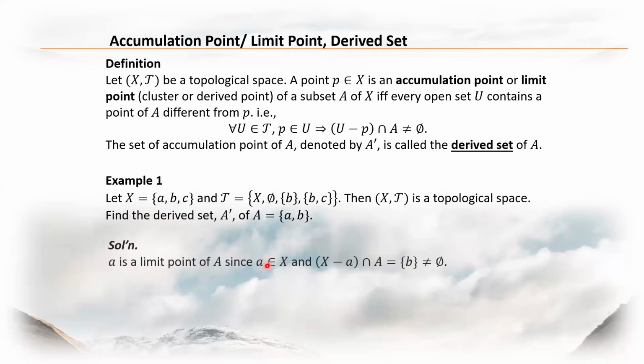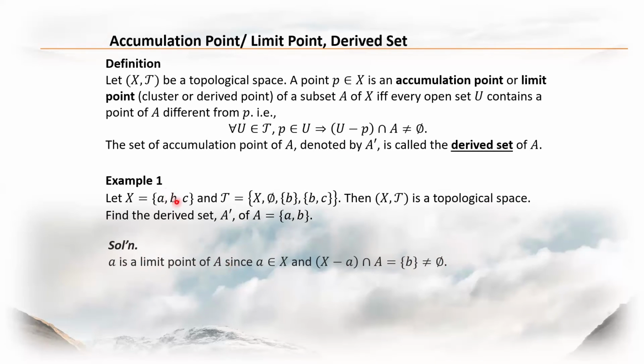Because X in tau contains a, and the intersection of our set A with X without a is {b}. And of course, this is not empty. That's why a is a limit point of A.